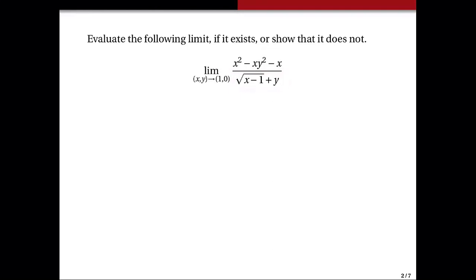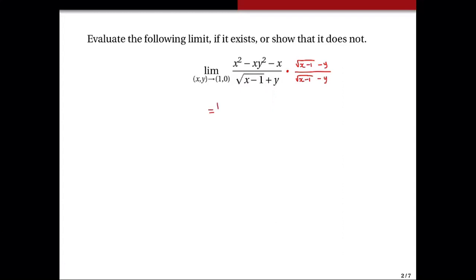So maybe we can multiply and divide the whole expression by what I call the radical conjugate, meaning if this is a plus, then we can multiply and divide it by the same expressions that we see here, this guy and this guy, but this one here is minus. Let's start with that. So we can multiply and divide the whole expression by square root of x minus 1 minus y divided by square root of x minus 1 minus y.